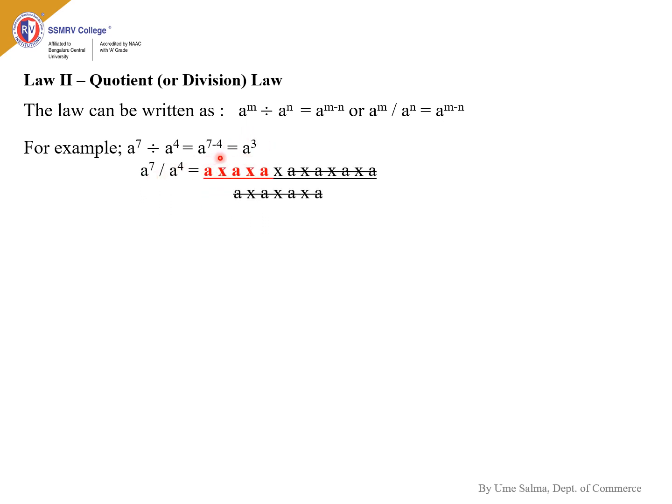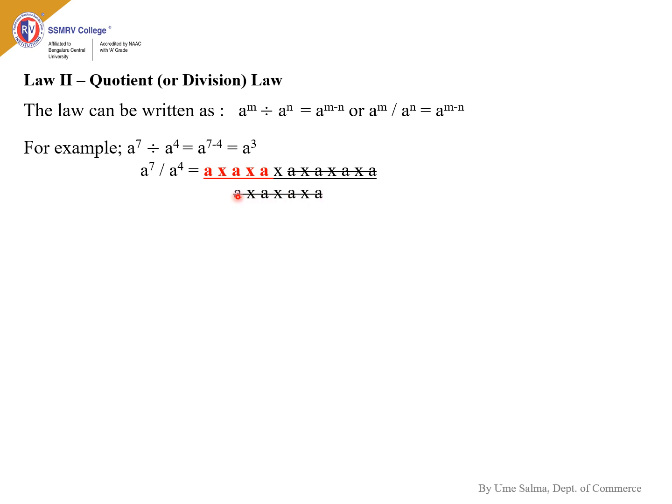Now let us have a look at the justification of how this a to the power 3 can be right. Let us expand this entire problem. A to the power 7 divided by a to the power 4. Here we have written a multiplied by itself 7 times, which is nothing but a to the power 7. In the denominator we have a to the power 4, which means a is multiplied by itself 4 times.